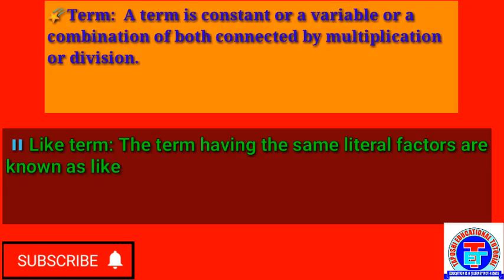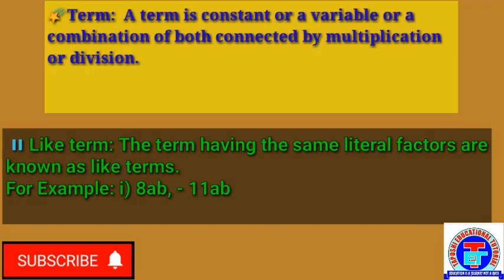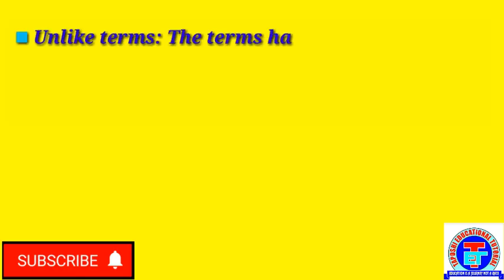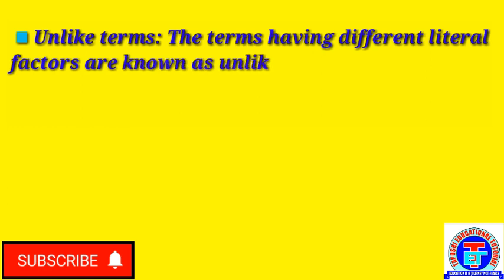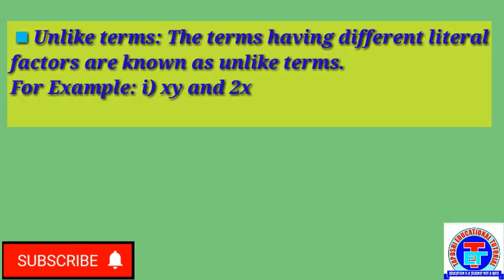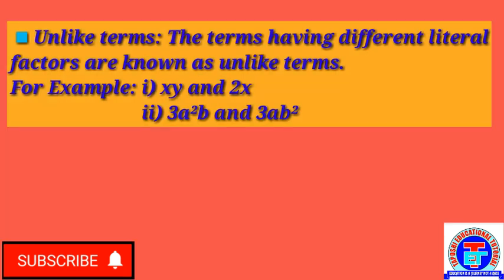For example, 8ab and minus 11ab, they are both like terms. And another, 5x square y and 15x square y, it is also a like term. Now the unlike terms. The terms with different literal factors are known as unlike terms. For example, xy and 2x both are unlike terms, and 3a square b and 3ab square. Okay, so these are both unlike terms.